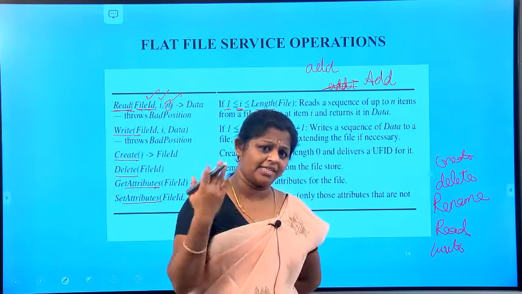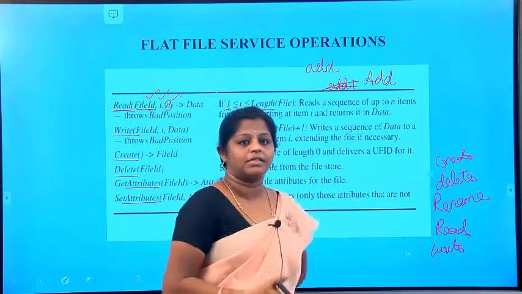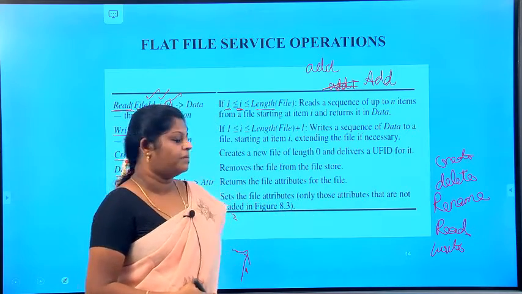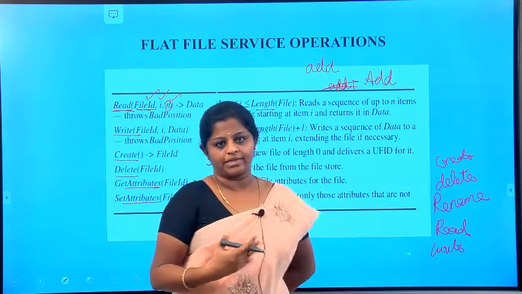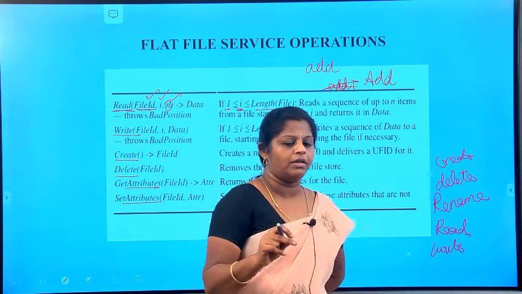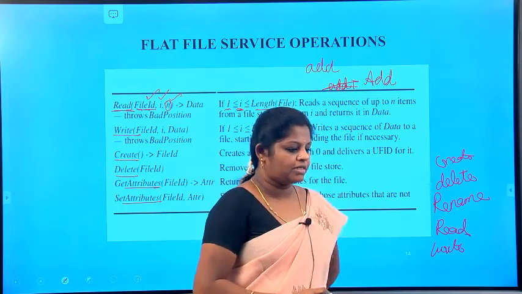That means the file ID is invalid, so the file is not present in the server. The file ID that users give should always be a valid one. That is the first one.